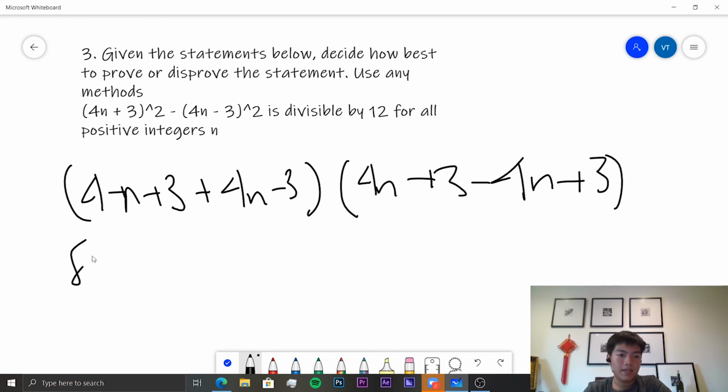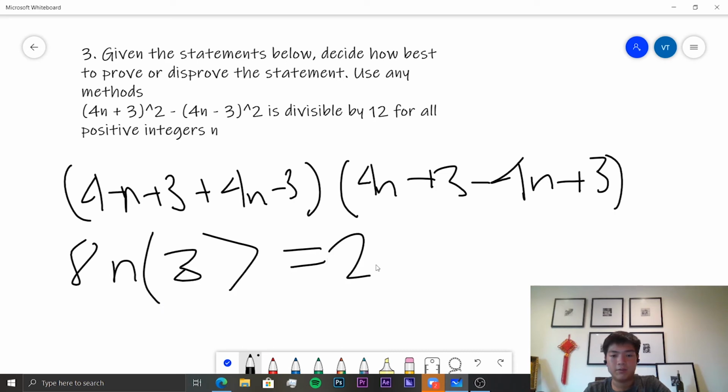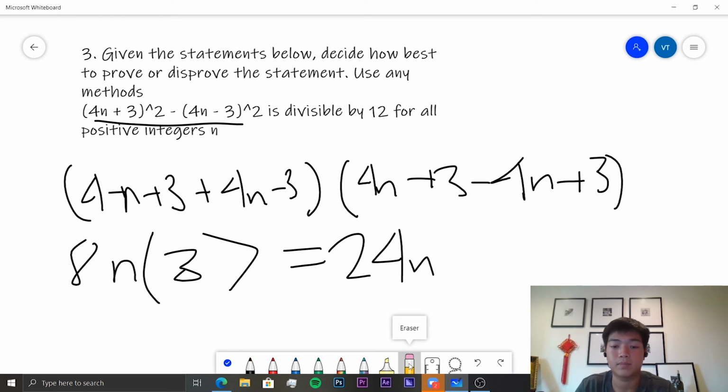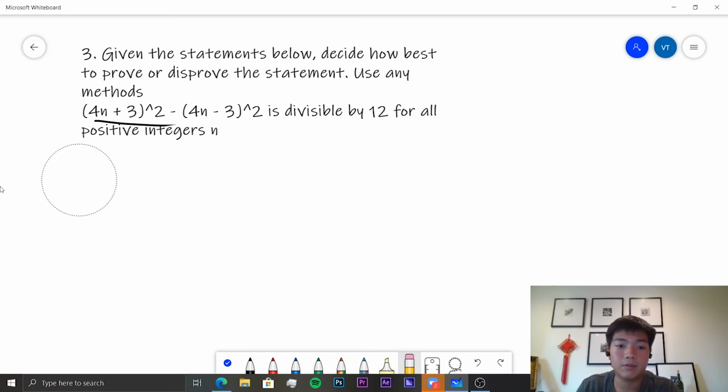So that's equal to 8n times 3, which is equal to 24n. Okay, so that was pretty simple already. Since this is equal to 24n, it's always going to be divisible by 12, since 24 is divisible by 12. So that's it. It was a direct proof, pretty straightforward. So let's move on to the next proof.